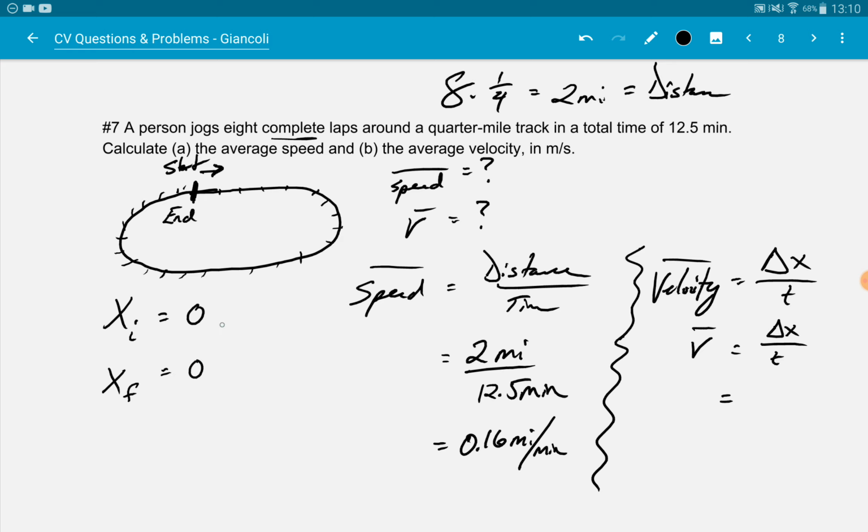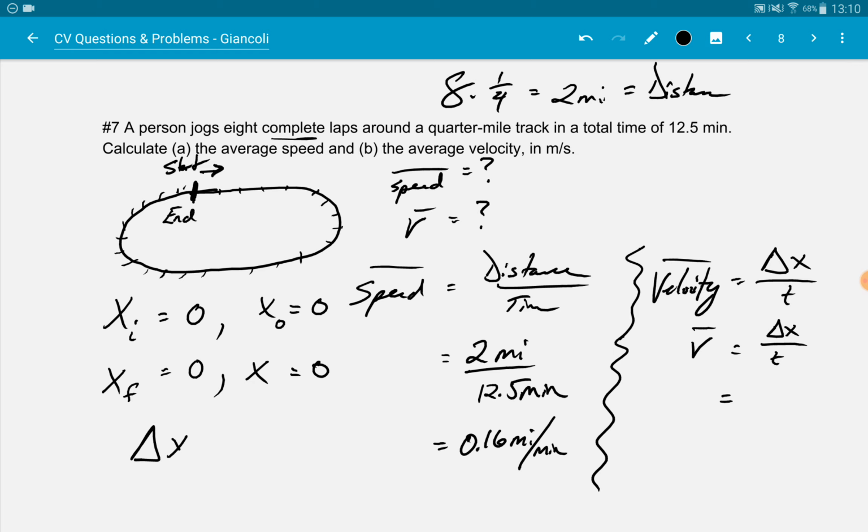Or another way to label these is his position at time 0 happened to be 0 in this case, and his position at the end time is 0 in this case as well. This is actually the preferred format. You'll see that in math class as well.